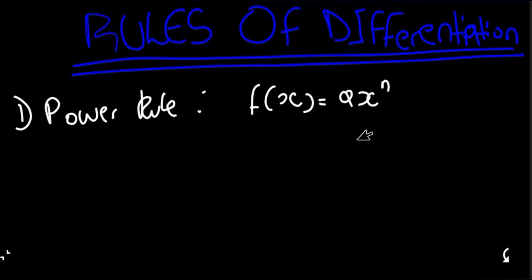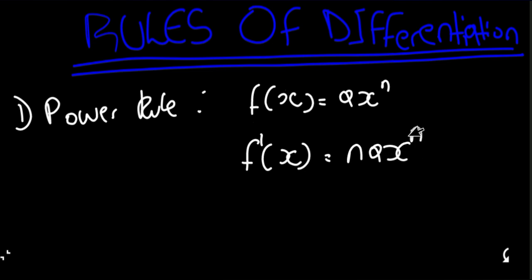To apply the power rule, you simply multiply the coefficient of x by n and then subtract 1 from the exponent. You take this exponent n and multiply it by the coefficient of x, and from the exponent you subtract 1. This is the power rule.